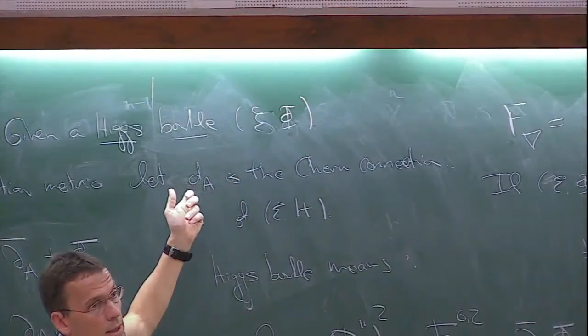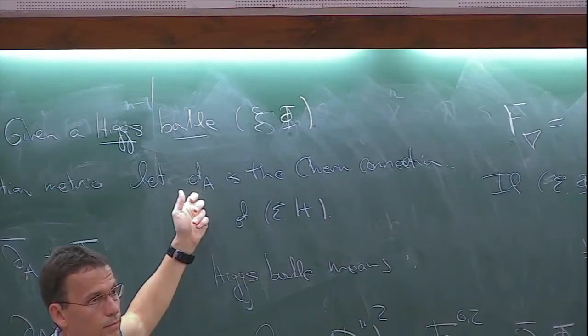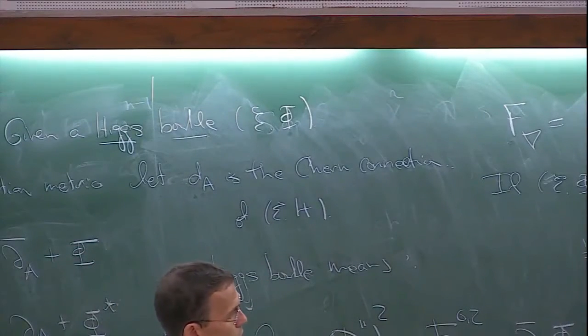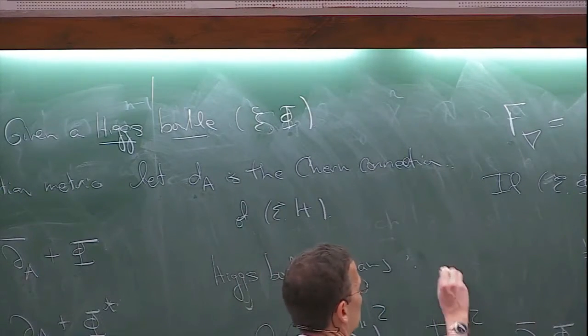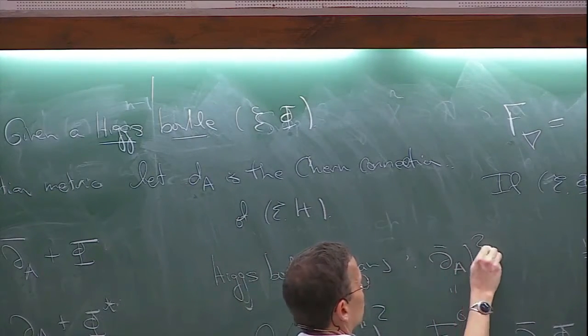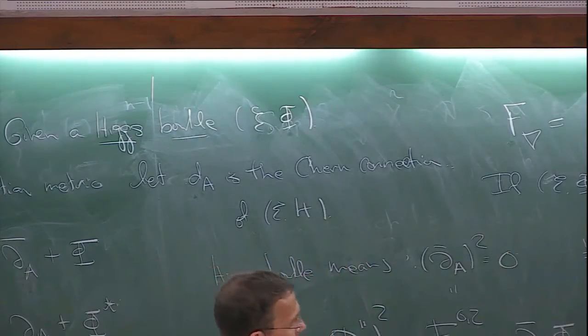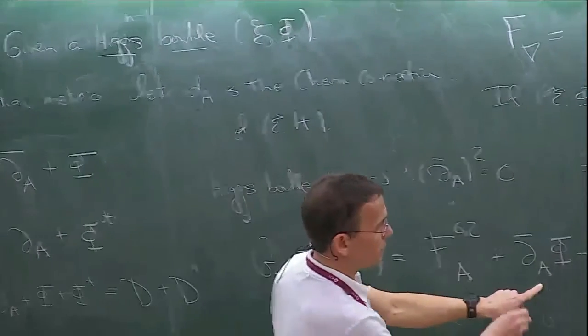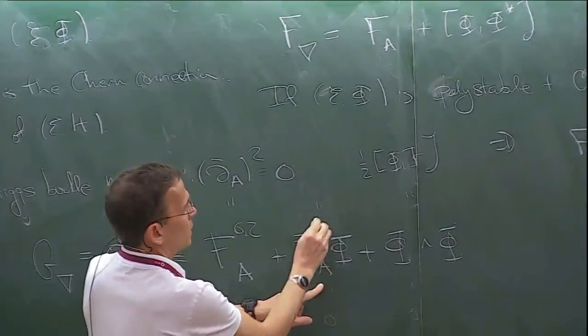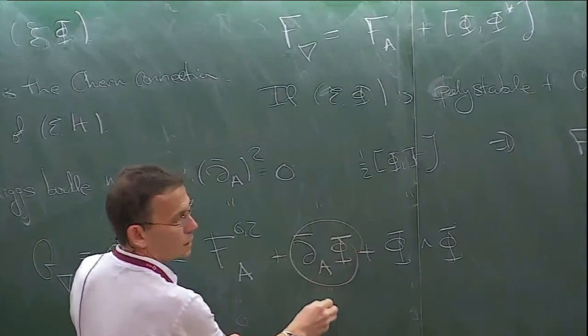That means d bar squared is 0. Okay, so that's the 0,2 part of the curvature there. So this is d bar squared, and for a holomorphic bundle, that's always 0. And then phi is holomorphic, and so that's the condition that this is 0.